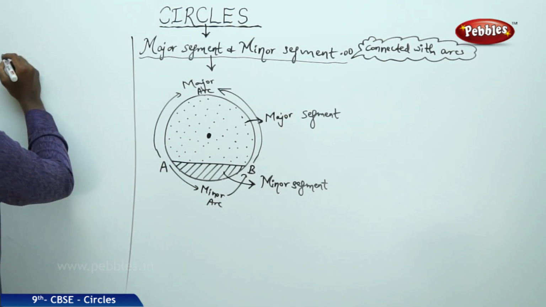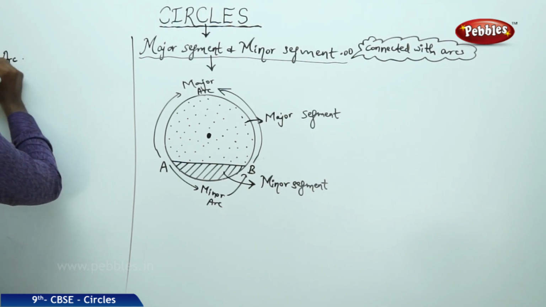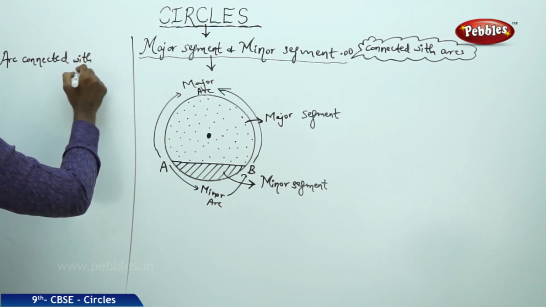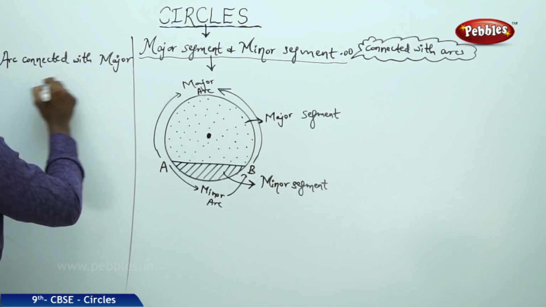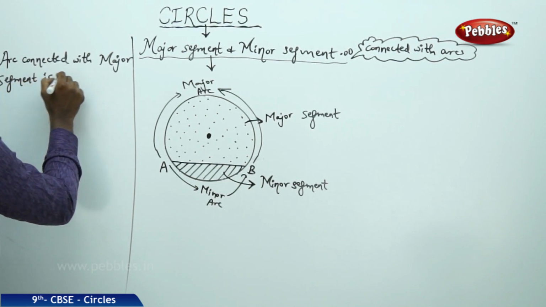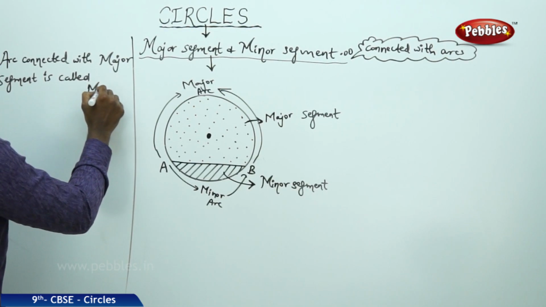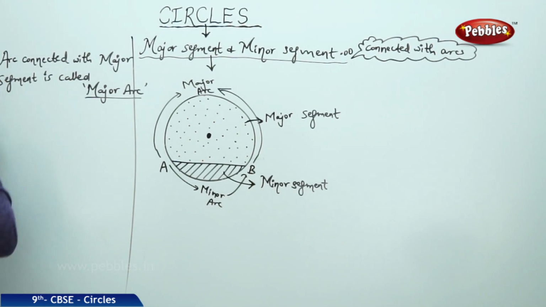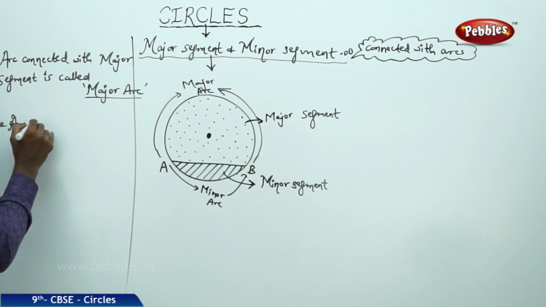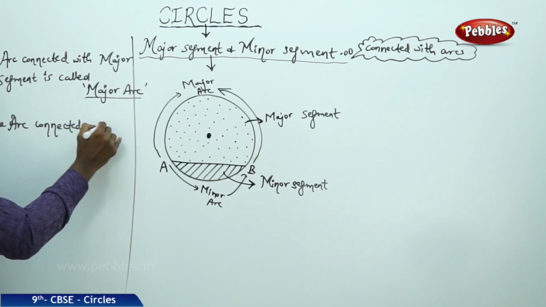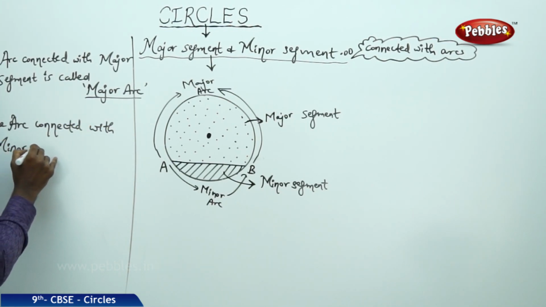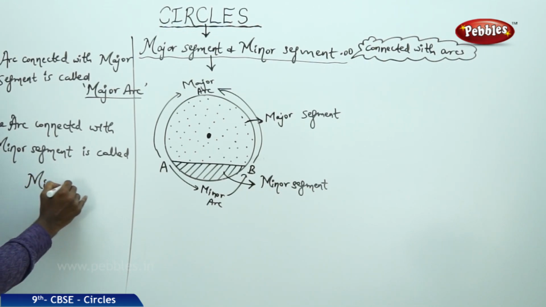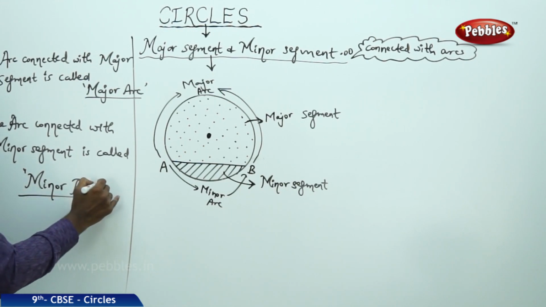So here the arc connected with the major segment is called the major arc, and the arc connected with the minor segment is called the minor arc.